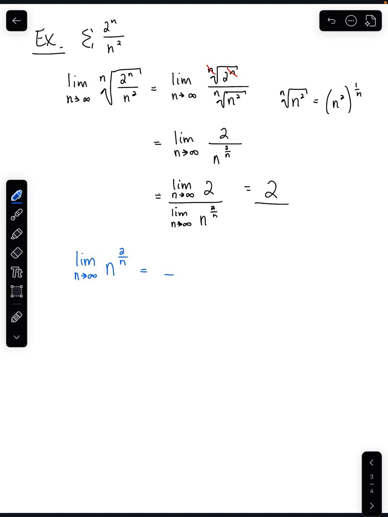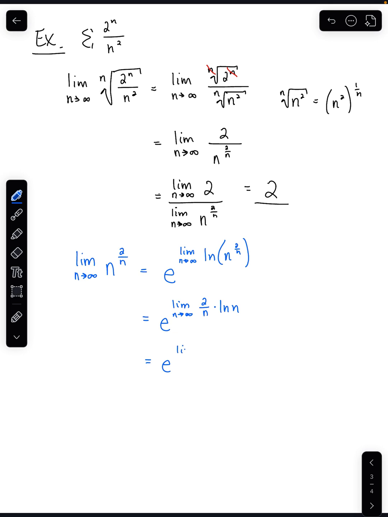Namely, a technique that we saw with L'Hopital's rule, we're going to have to do e raised to the limit as n approaches infinity of the natural log of n to the 2 over n, which will, of course, become e to the limit as n goes to infinity of 2 over n times the natural log of n.